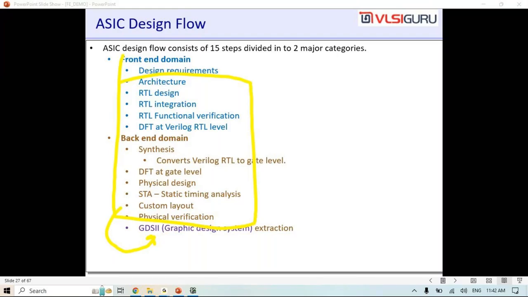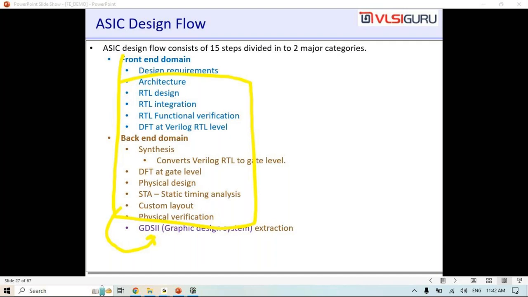Same thing, the way a movie is captured in an MP4 file, my entire chip information is in GDS: where the substrate will be, where the source should come, where the drain should come, where the metal should come, where the polysilicon should be deposited, how much doping to do. That's why we call it Graphic Design System. It will show as a graphic design what to do where. So once you have that file, you can manufacture the chip.